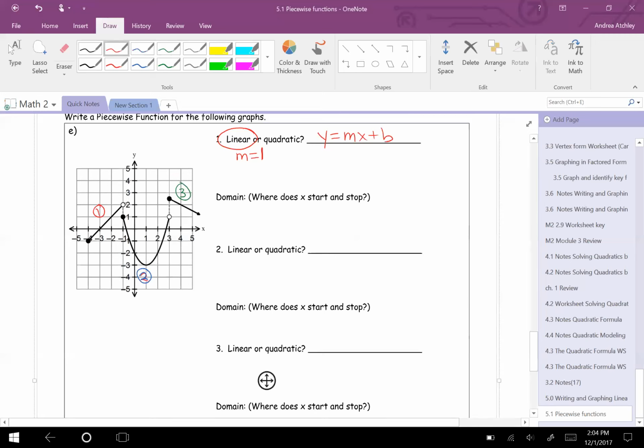So by all means, see that this would extend and cross at 3. So b equals 3. Even though it doesn't, I can see that it would eventually cross if it continued on. That saves me from having to do the y minus the y1 equals m times x minus x1. So I can just plug this in now to y equals mx plus b and get y equals 1x plus 3.